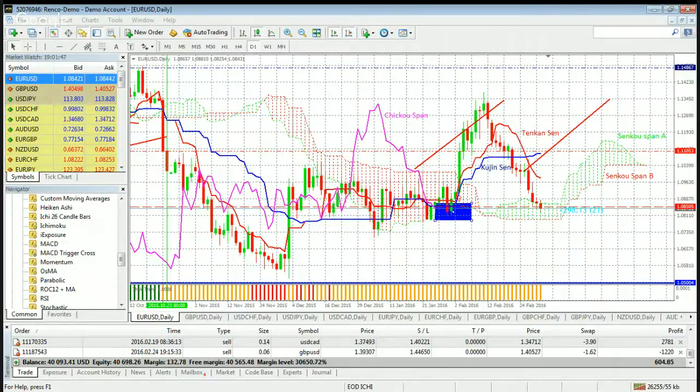Five different ways to grab an entry with the Ichimoku.